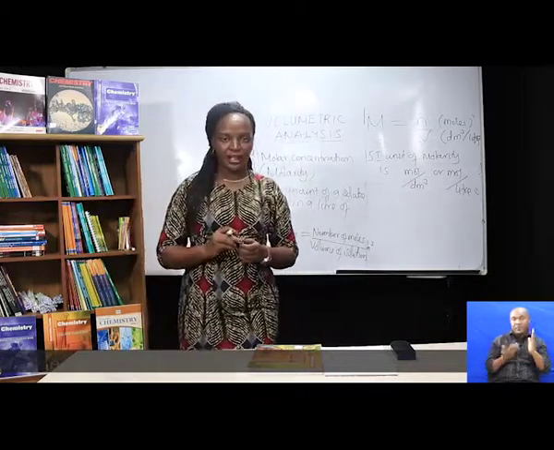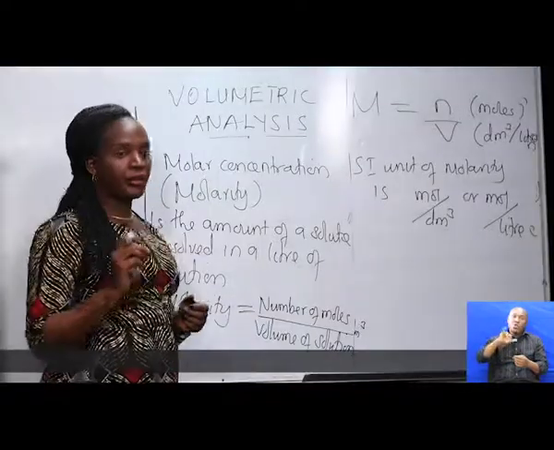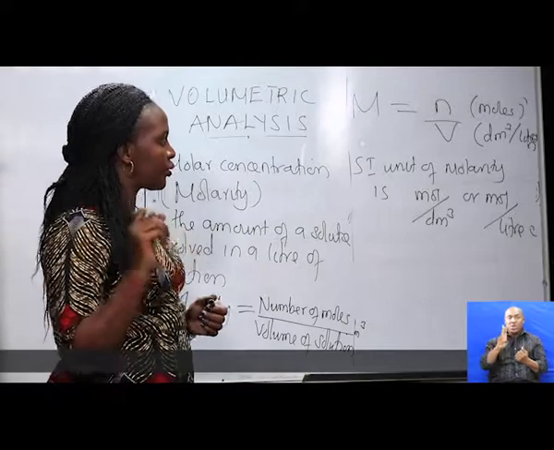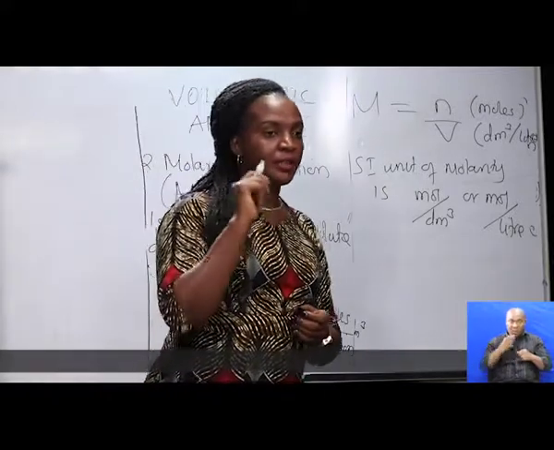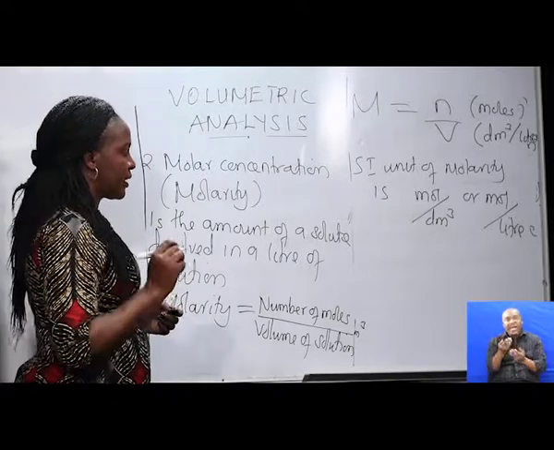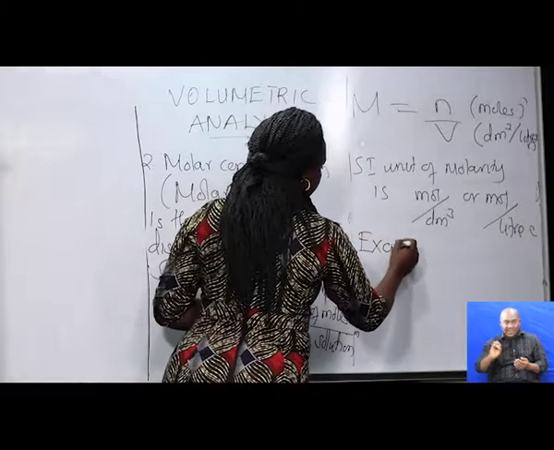Remember, chemistry is a unity. There is no value without unit. So we must insist on how to find the SI unit for every quantity that you are required to calculate. Let's now go for examples.